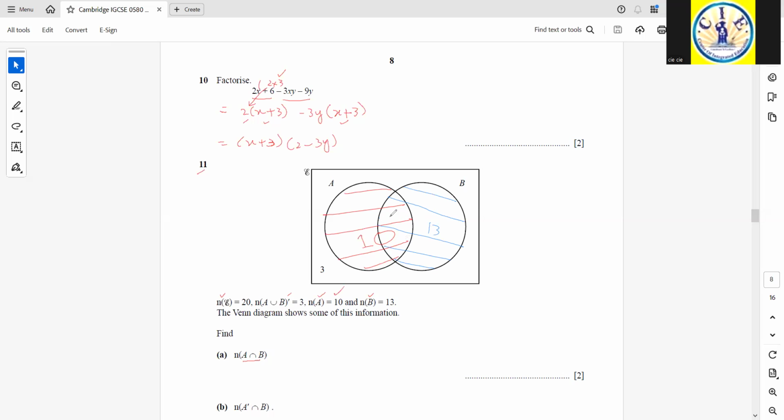But we do not know how many elements are there in the common region. Let's suppose we have x elements here, so we would be having 10 minus x here, and then 13 minus x in this region.